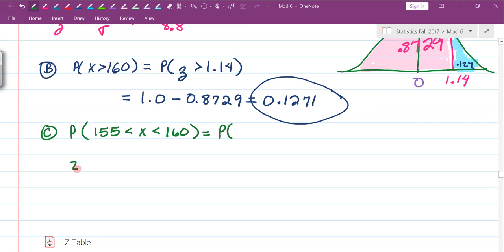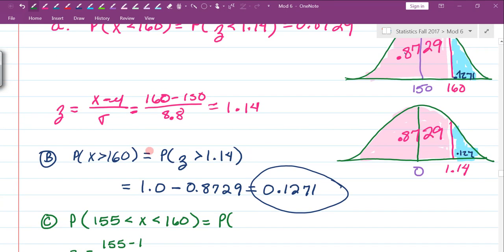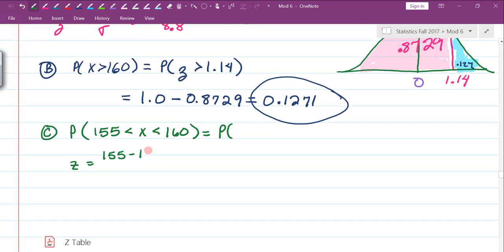So z is going to be equal to 155 minus 150. Is that our mean? Let's go back up. Yep, 150. Subtracting mu, divided by the standard deviation, which is 8.8. And that is going to be equal to 155 minus 150 divided by 8.8, and that is equal to a positive 0.57.